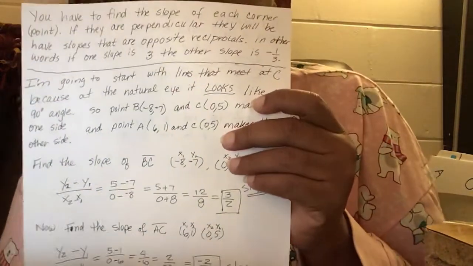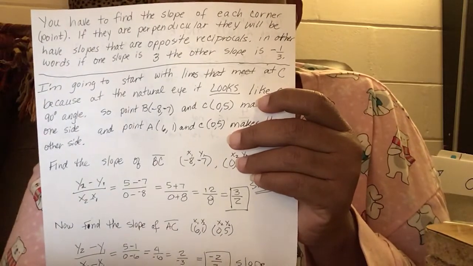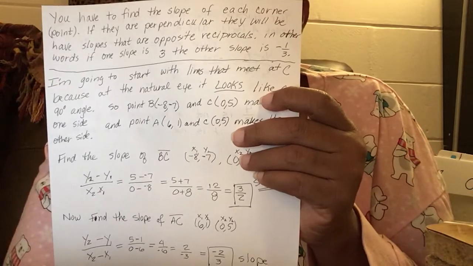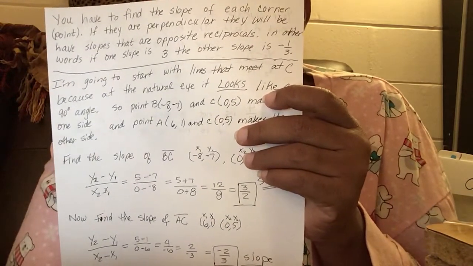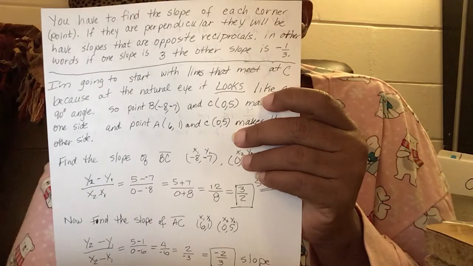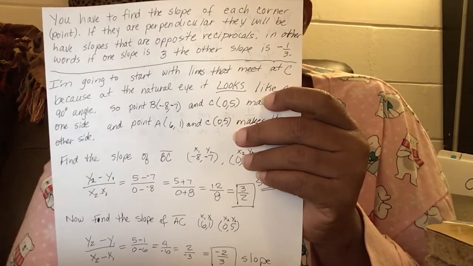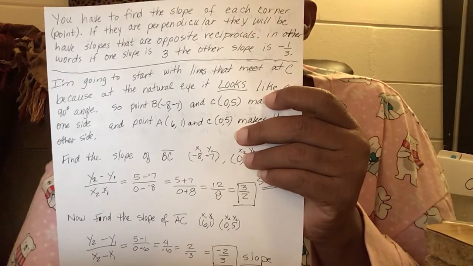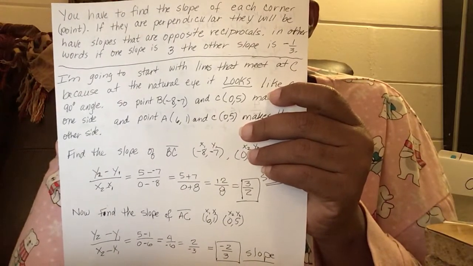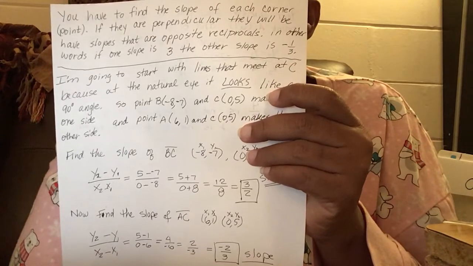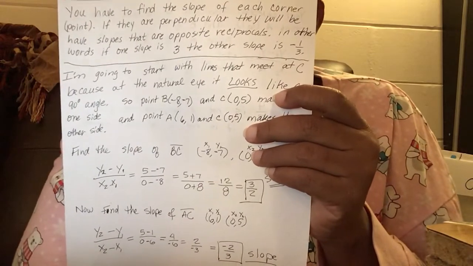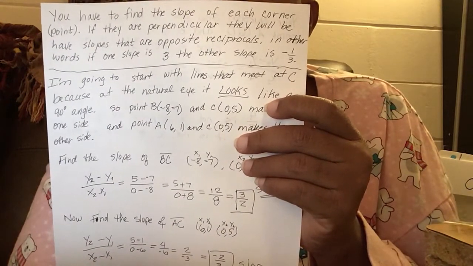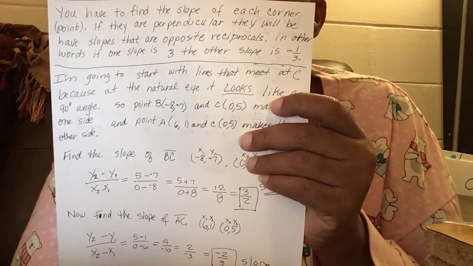So it says here, you have to find the slope of each side. If they are perpendicular, their slopes will be opposite reciprocals.